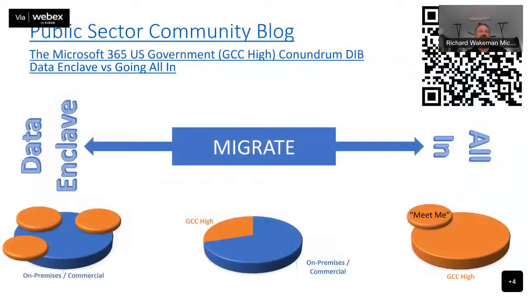Now, the other conversation that typically follows, after we've aligned GCC High as the coverage for protecting CUI in an organization, is: what's the quickest path to a compliant environment? The vast majority of the 80,000 DIB today that possess controlled unclassified information do so in an on-premises enclave, right?